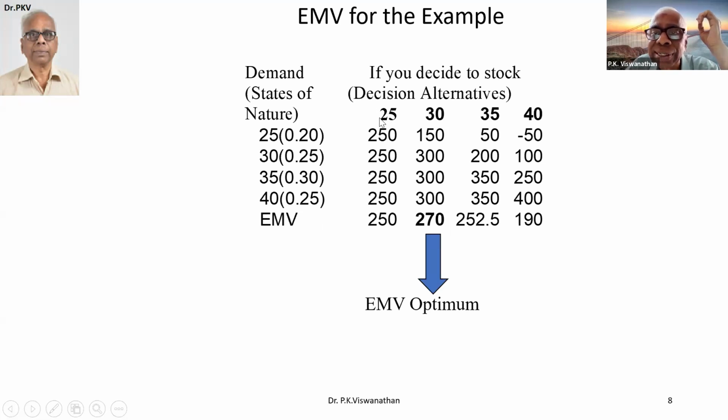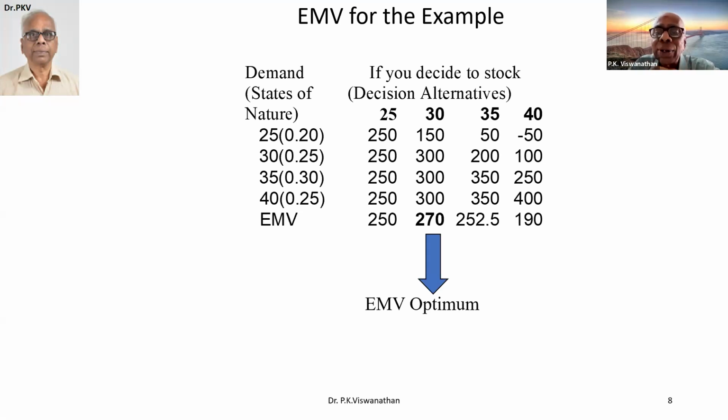This is 25 dozens. Likewise, I do for 35 dozens. This is the expected monetary value. You can multiply and see 0.2 into 50, 0.25 into 200, 0.3 into 350. So 0.2 into 50, for example, is 10. 0.25 into 200 is 50. So 50 plus 10 is 60.